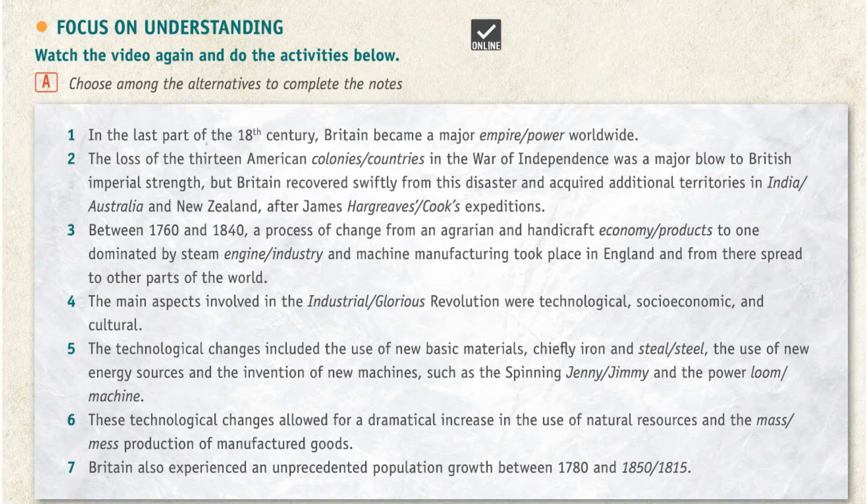So this is multiple choice. These are notes that are based on the video, so that they could also be used to recap the main points. And what the students are supposed to do is to choose the correct alternative for each sentence.